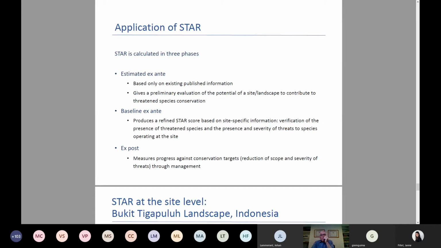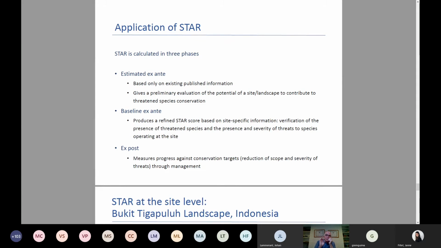You can then refine that to give you a baseline ex-ante, where you validate the data on the ground with field work or consultation with experts in order that you have an updated map, and that allows you to set targets at the site level, which shows you in the ex-post phase your progress in implementing management that allows you to deliver those targets.